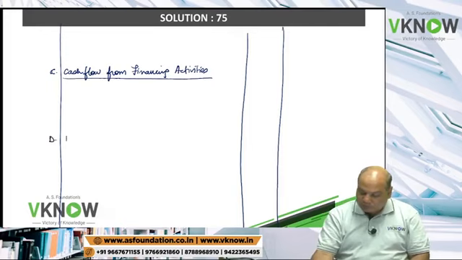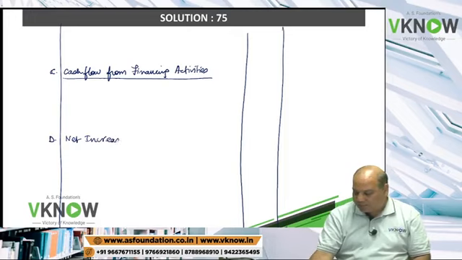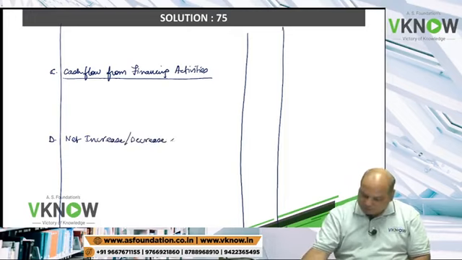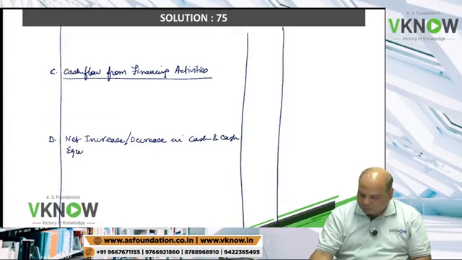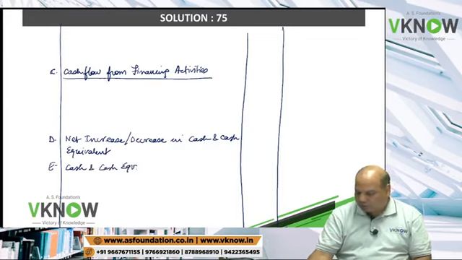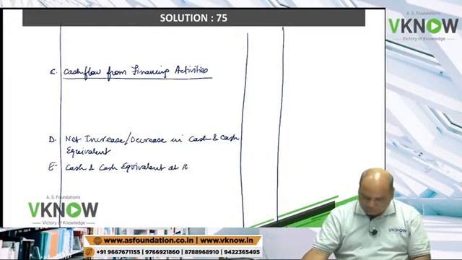Point D, net increase or decrease in cash and cash equivalent. Point E, cash and cash equivalent at the beginning of the period.